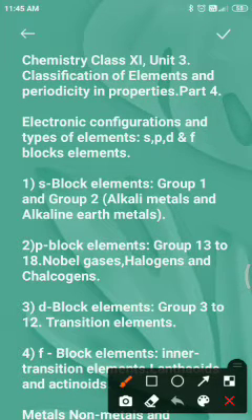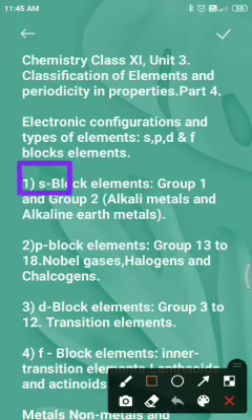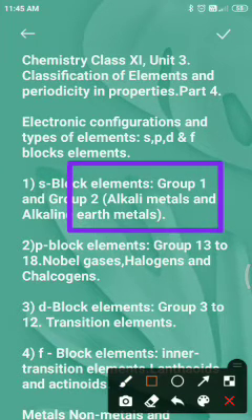S block elements are comprised of group 1 and group 2. Group 1 elements are alkali metals and group 2 elements are alkaline earth metals, which have the outermost electronic configuration ns1 and ns2.